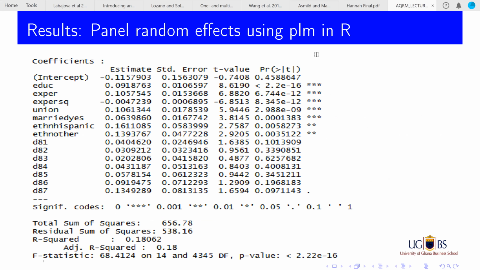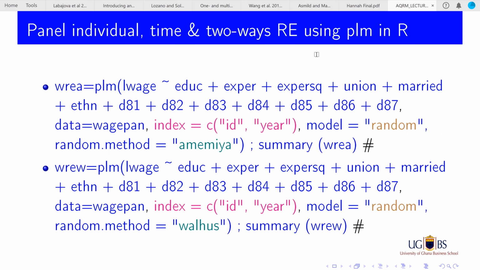So this is a result of the panel model. You saw it in R, and I'll reproduce it here. Even though that is a random effect model result, remember I told you that the transformation we used was Swamy-Arora's transformation. You can use other transformations by using the random method and changing the transformation.